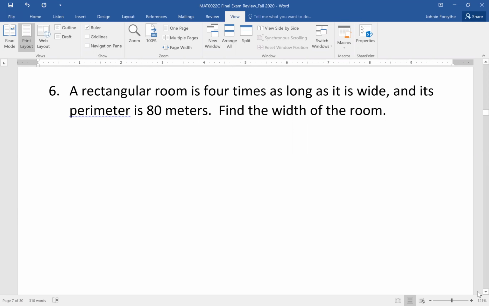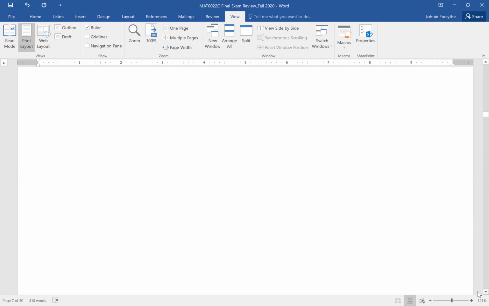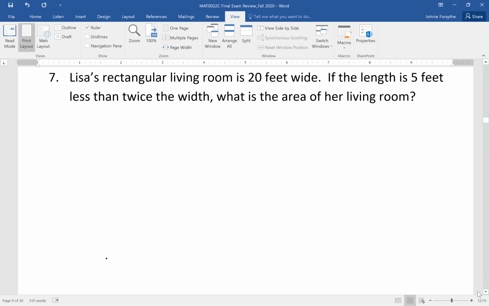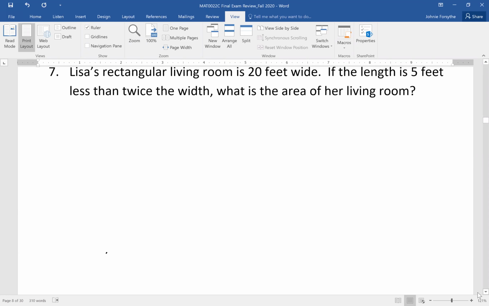Number 7. All right, so we have that Lisa has a rectangular room. So let me just attempt to make Lisa's room over here. That's Lisa's room, okay? It says that the width, 20 feet wide, W, is equal to 20.